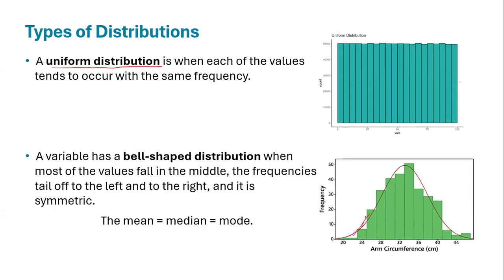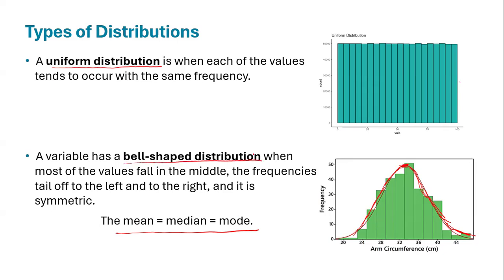So we have less frequency on the tails, and then we go up. We have the most frequency in the center, and again, the frequencies decrease when we go to the right on the tail. In this case, usually the mean, median, and mode are the same. And we say we have a bell-shaped distribution.